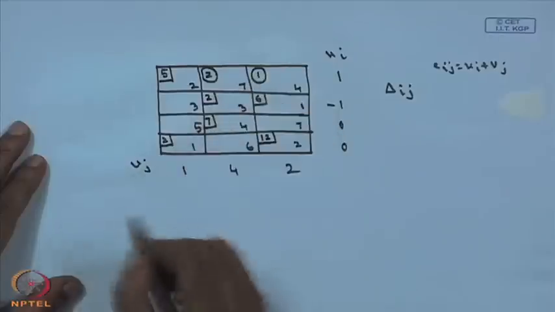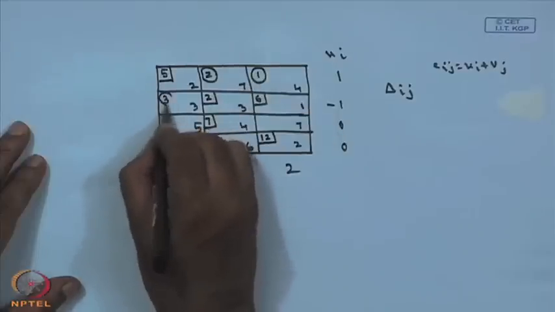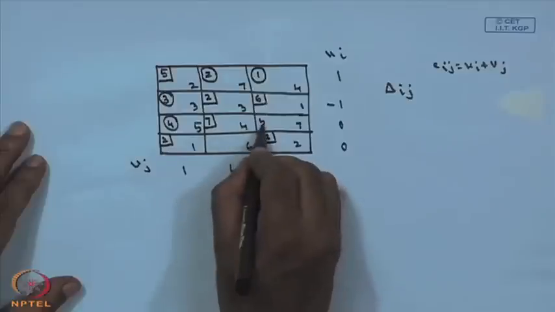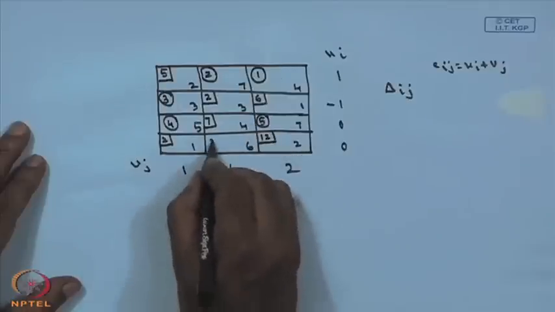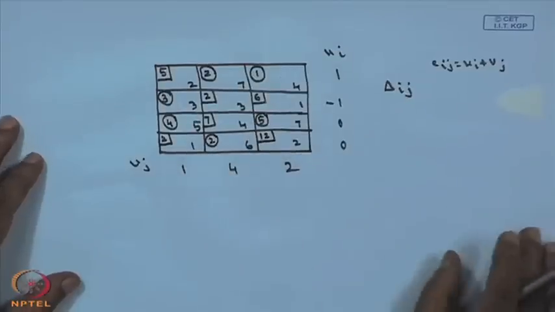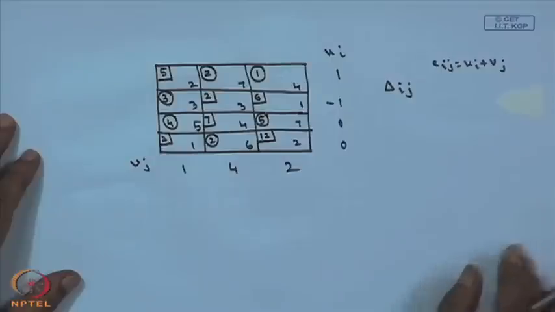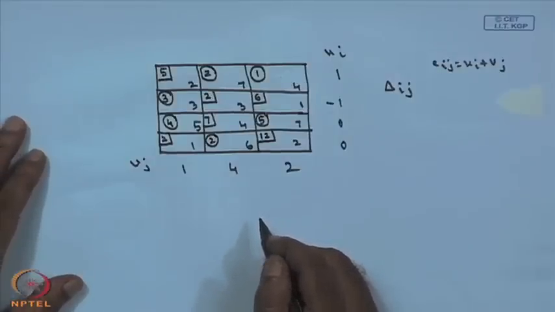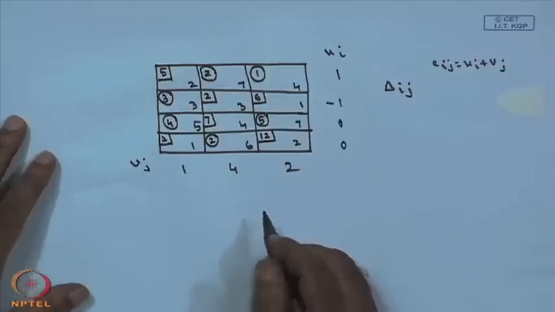So, it becomes 2, 1, this is 3, then this one will become 4, this one will become 5 and this one will be 2. So, all delta_ij are greater than or equal to 0. Since all delta_ij are greater than or equal to 0, therefore we obtain the minimum optimal solution over here.